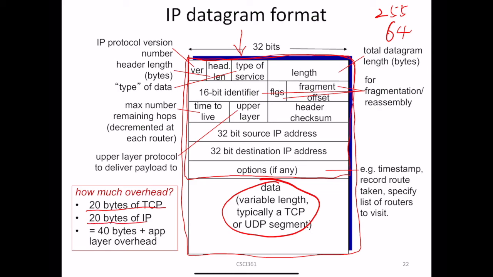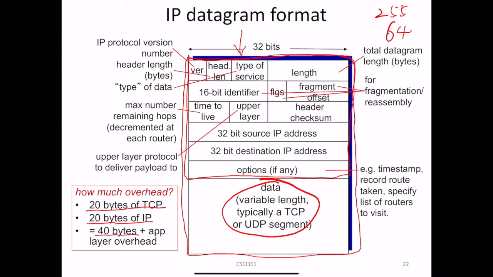Another 20 bytes of IP header will be added to the segment, and combined together we get the datagram. So when we reach the network layer, in total we will have 40 bytes plus the application layer overhead.